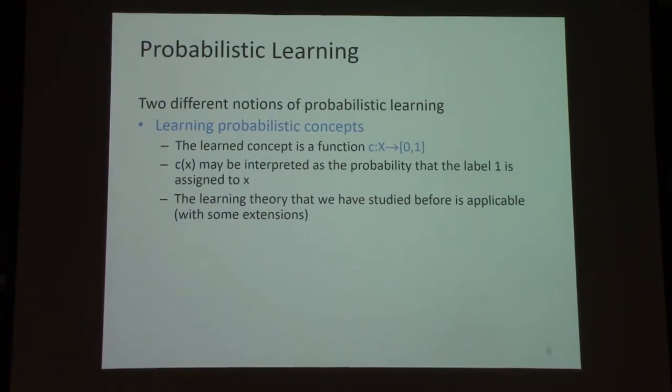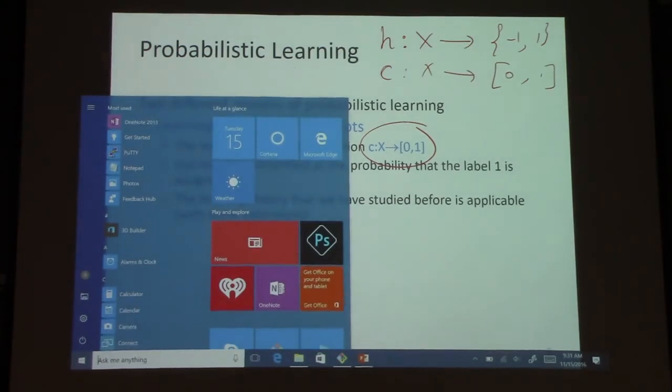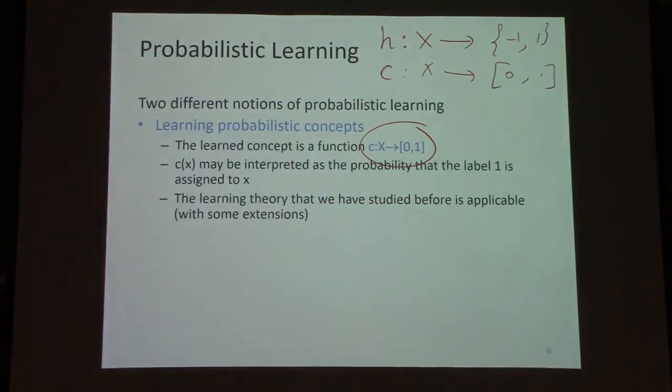What this means is, in some sense, this is a bigger hypothesis space. So instead of learning functions that we saw earlier, which take inputs to false or true, we'll be learning functions, I'm just going to call it C, which take inputs to the range 0 to 1. And you can interpret that as a probability under certain conditions. So you can think of these as probabilistic classifiers.